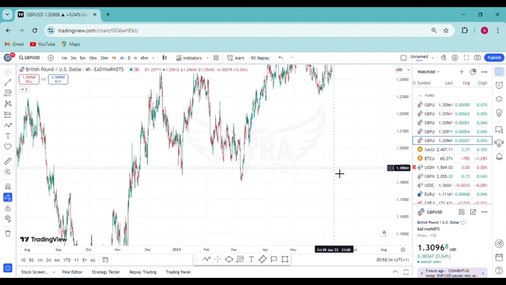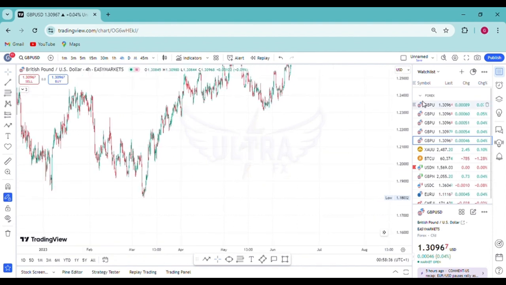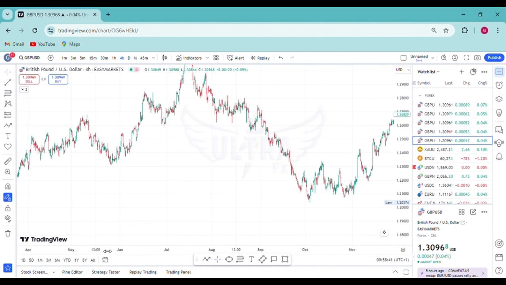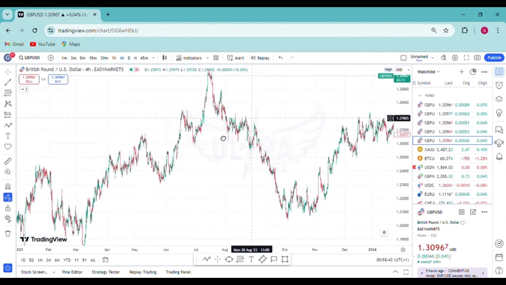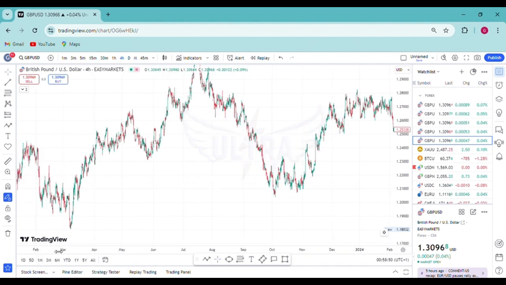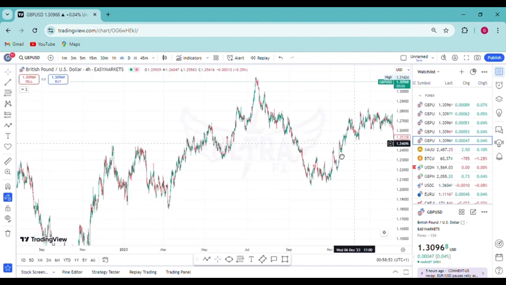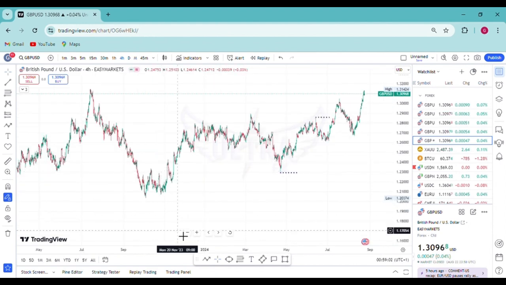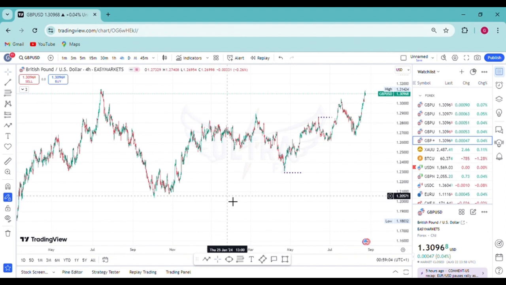In most cases, we can also look for sell opportunities, and these sell opportunities can occur while the market is retracing. On this higher time frame, we see this market as a bullish trend.